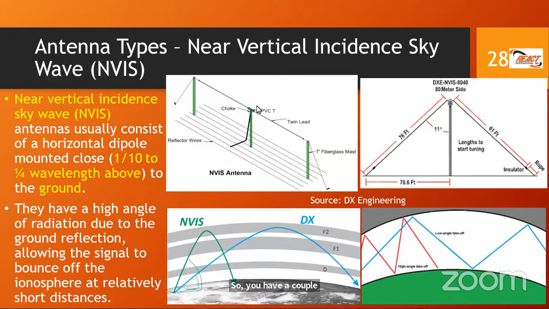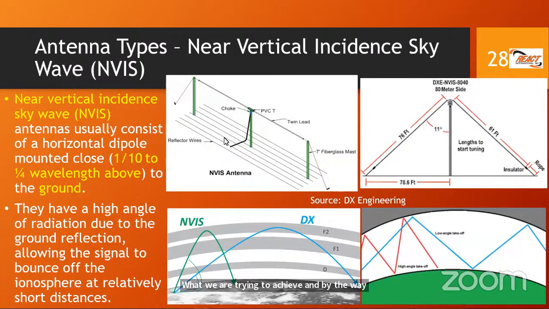So you have this one here, you'll notice it's a dipole and it's mounted a certain distance above the ground, and notice it may have some elements on the ground also, right, as reflectors. In this case here, it's mounted similar to the inverted V, right? What we are trying to achieve, and by the way, it's good for particular frequencies.